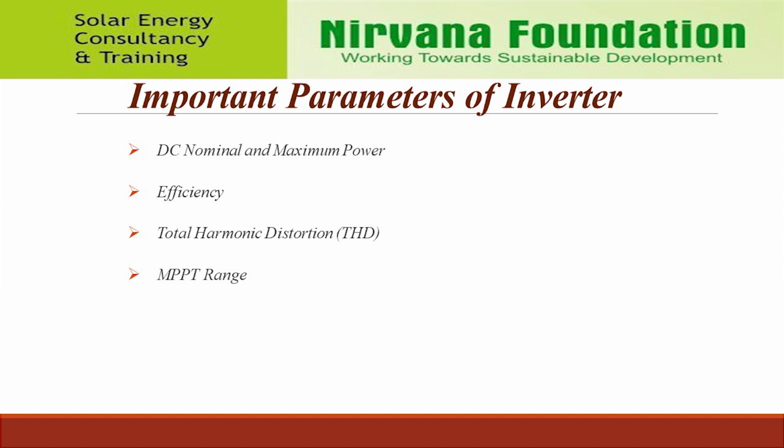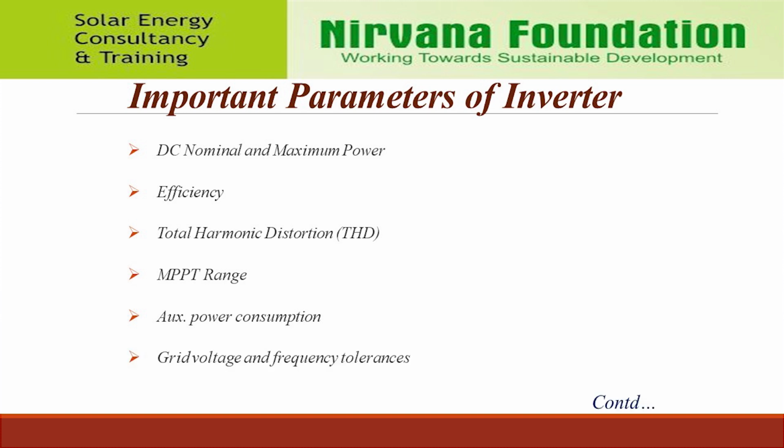MPPT range. The MPP voltage range denotes the voltage range of an inverter in which the MPP tracker of an inverter can set the maximum power point in order to operate the PV modules at maximum power. Auxiliary power consumption. The power consumed by the solar plant itself is referred to as auxiliary power consumption.